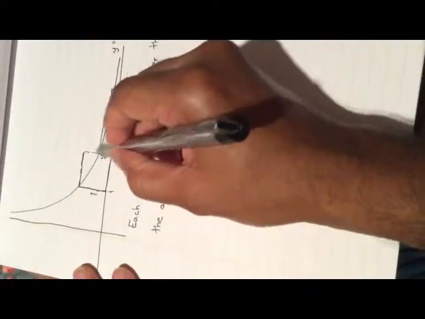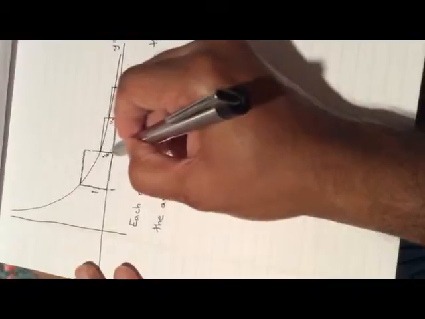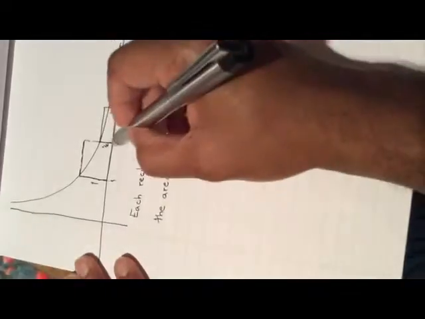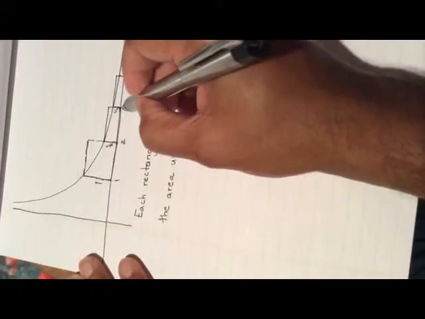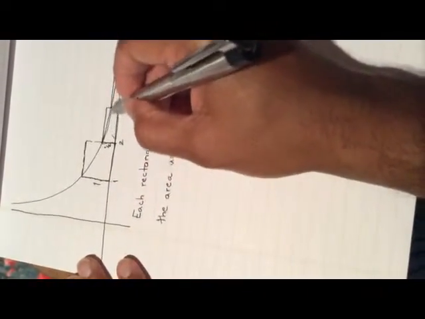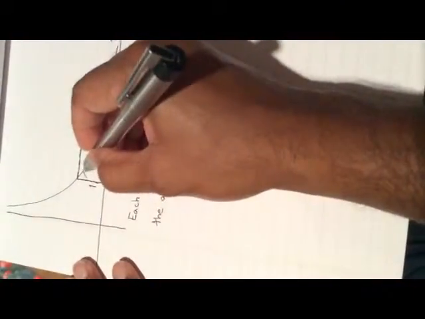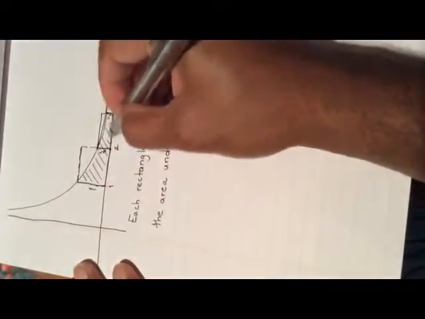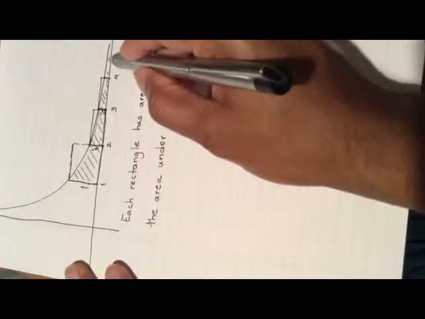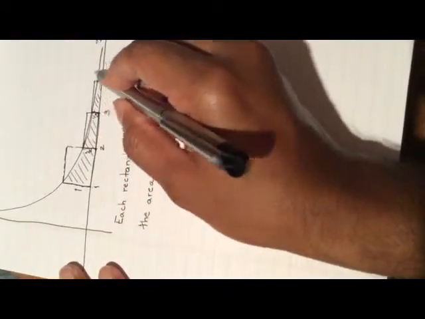If I take this rectangle here, this whole area is more than the area trapped under the curve and above the x-axis. The area of this rectangle is more than this area here. That's the area trapped under the curve and above the x-axis. And so if I just shade all the area under the curve, this total area is always less than the sum of the areas of these rectangles.